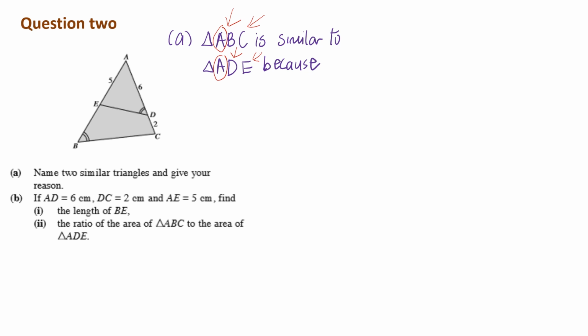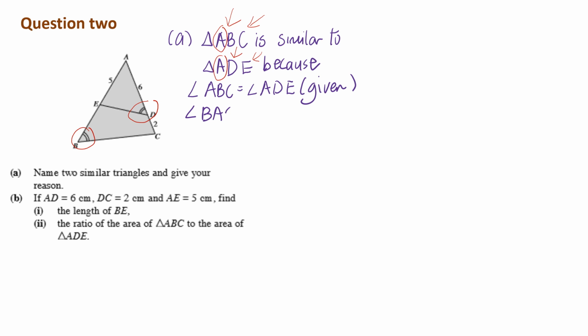So why are they similar? They're similar because, first of all, angle ABC is equal to angle ADE, and it's given in the diagram here. Can you see it's given in the diagram here? Since it's given in the diagram, you can use it.